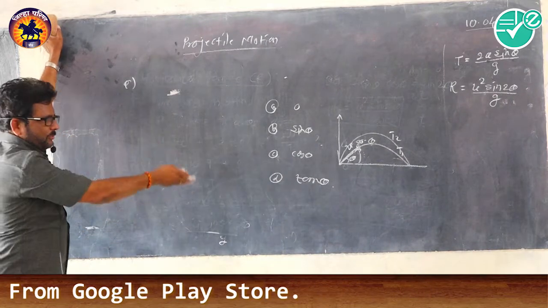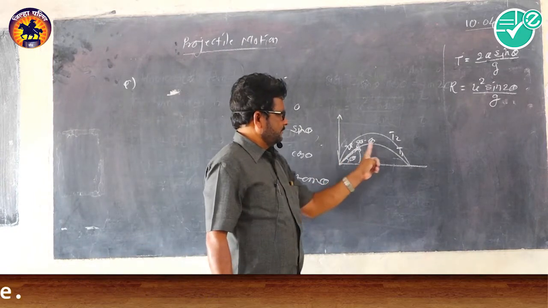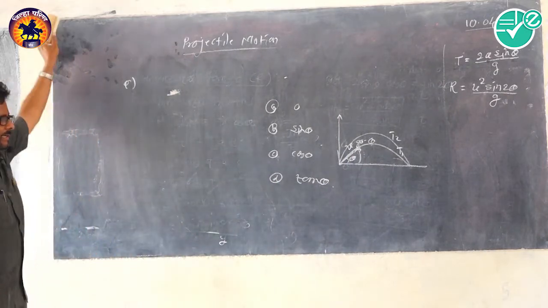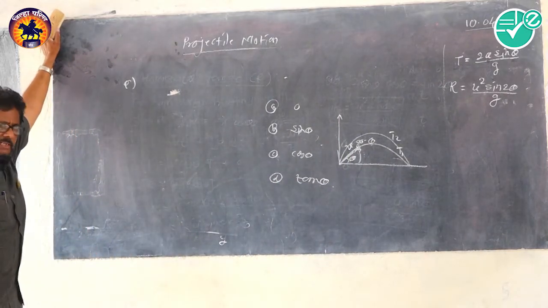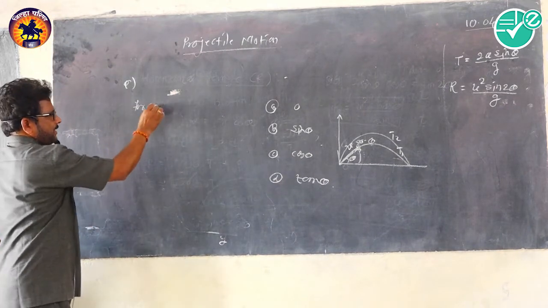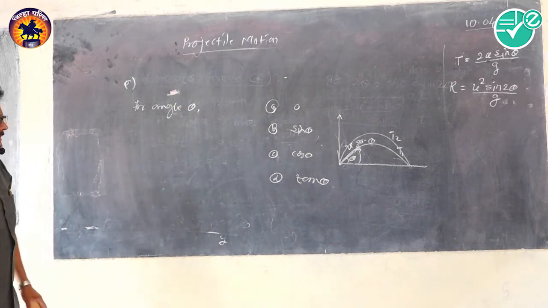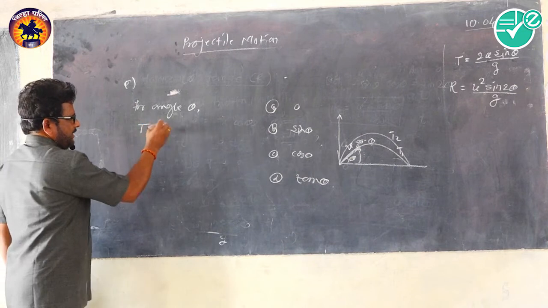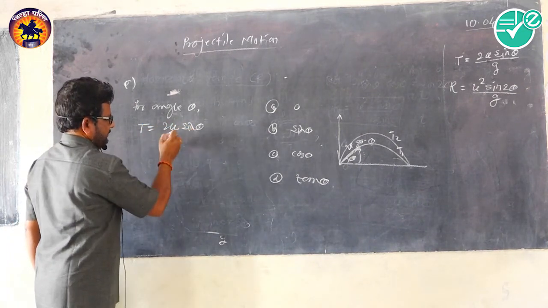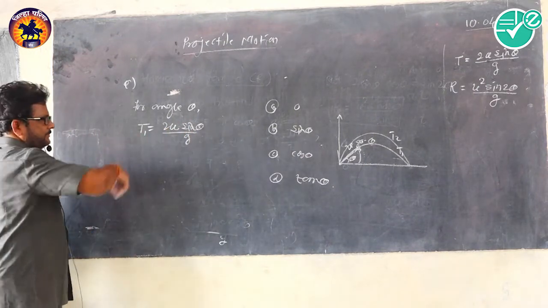Now to solve such types of questions, here the projectile is projected under two complementary angles theta and 90 minus theta. Therefore, for angle theta, the time of flight t is equal to 2u sin theta upon g, that is t1.